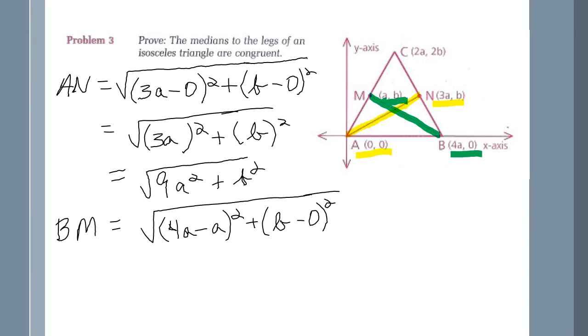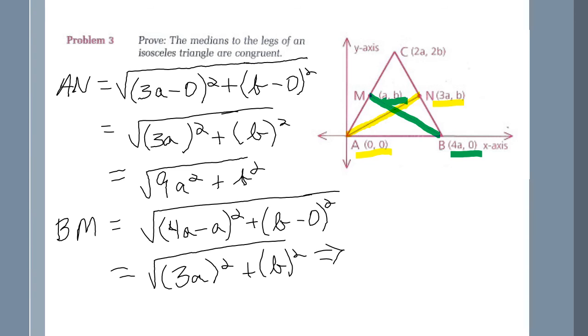From here I end up with, well, look at this, 3a squared plus b squared. So I end up with square root of 9a squared plus b squared.